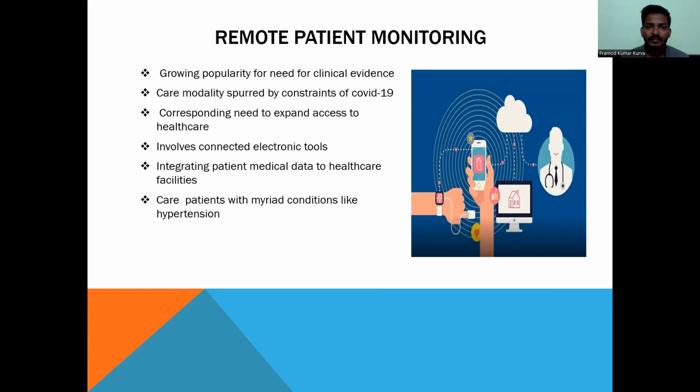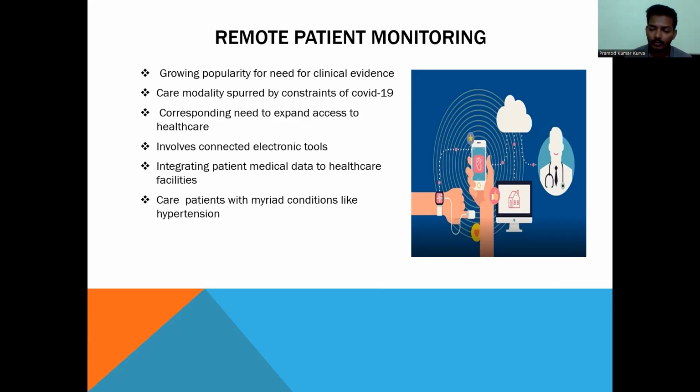So there is growing popularity and need for clinical evidence and care modality, surprised by the constraints of COVID-19. The corresponding need to expand access to healthcare involves connected electronic tools, integrating patient medical data to healthcare facilities, and caring for patients with myriad conditions like hypertension. So these are all factors where things are done in an electronic way.